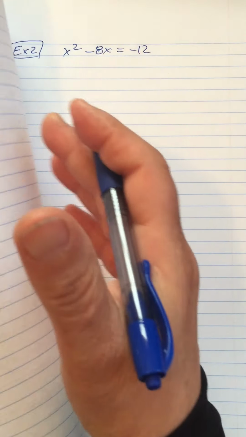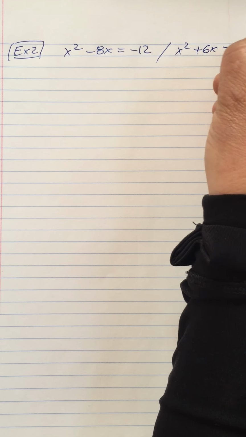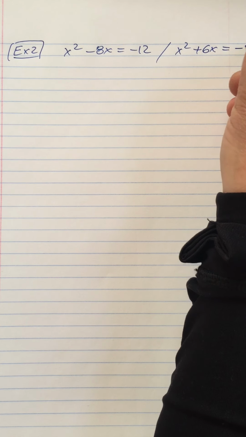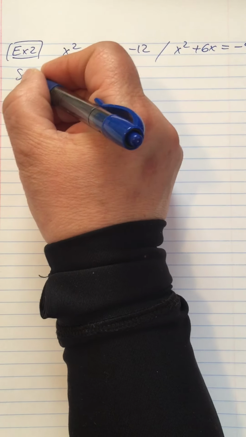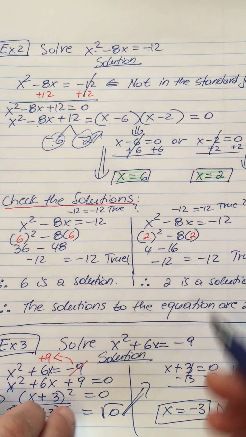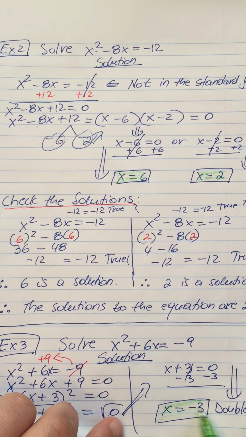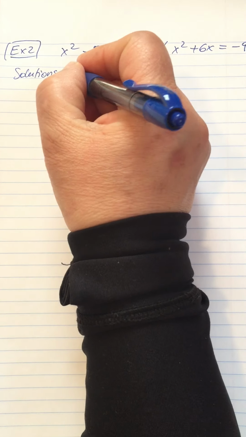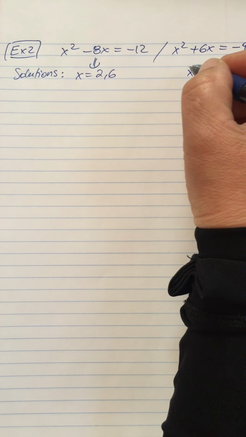And the second, this was x squared plus 6x is equal to -9. Okay? Now, here the solutions were 6 and 2. Let's see. They were 6 and 2, and here the solution is a double solution, x equals -3. Two and 6, and here x was -3.